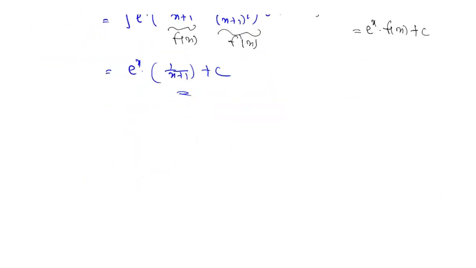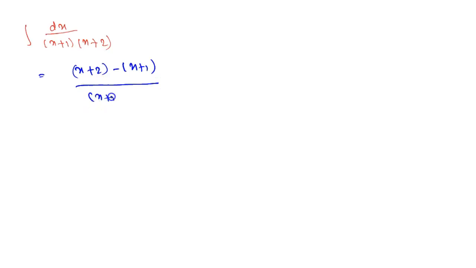Now next model question. So here the question is integral dx by (x plus 1) into (x plus 2). For this question, what I am taking is (x plus 2), the second function, minus (x plus 1), the first function, by (x plus 1) into (x plus 2), integral dx.